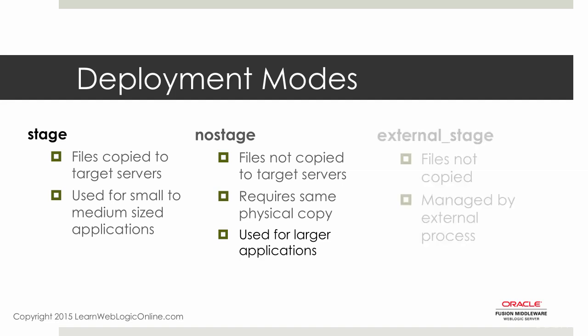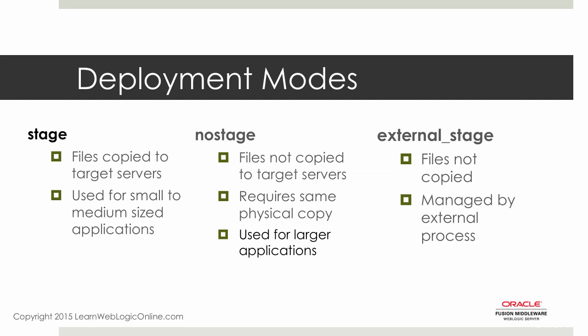And the third deployment mode, which is the least common deployment mode, is external stage. So when you deploy an application using external stage, application files are not copied, like no stage mode. This is typically used when you've got an external process that copies files from one source location to the target location. It's similar to no stage.